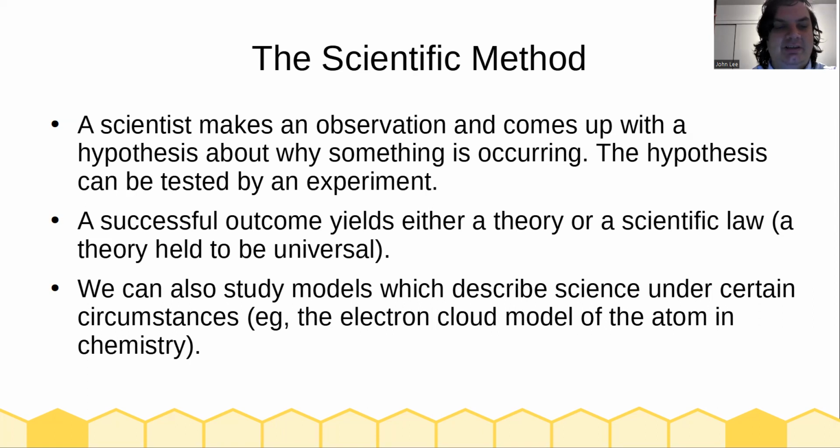Einstein's is, I guess, a theory of relativity because it hasn't been completely accepted in the same way that Newton's laws have. But a scientific law is a theory held to be universal, and the difference between a theory and a hypothesis is that a theory comes about after the hypothesis has been tested. So that is the general scientific method.